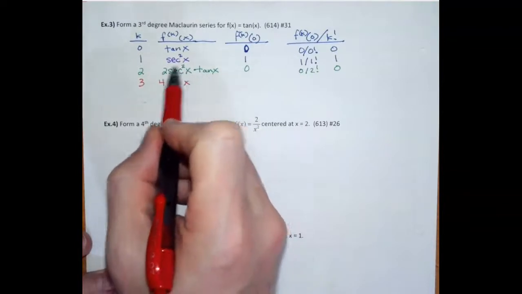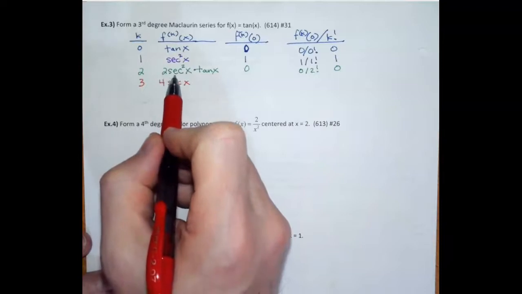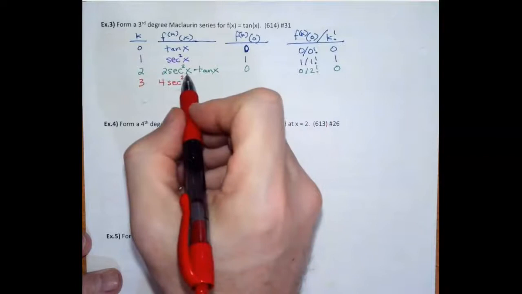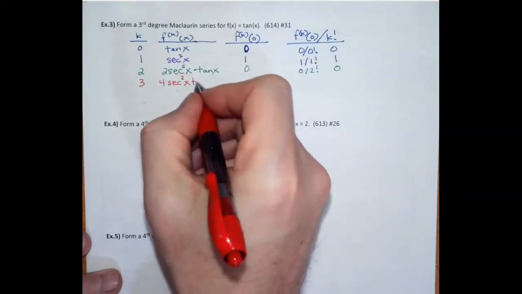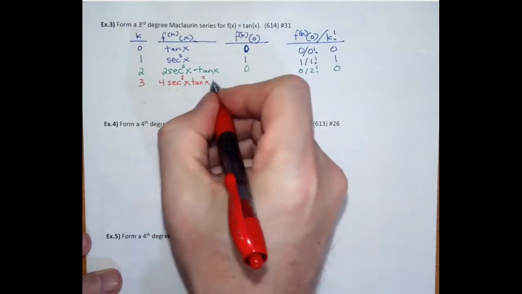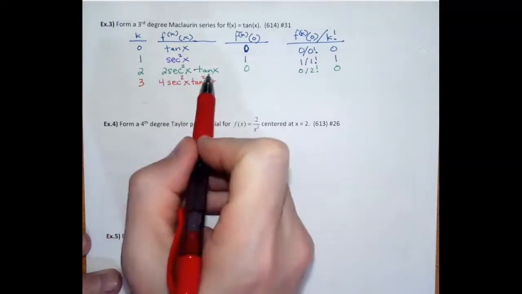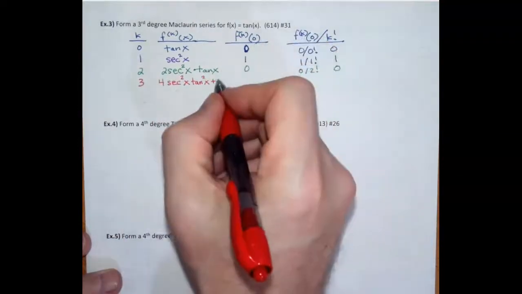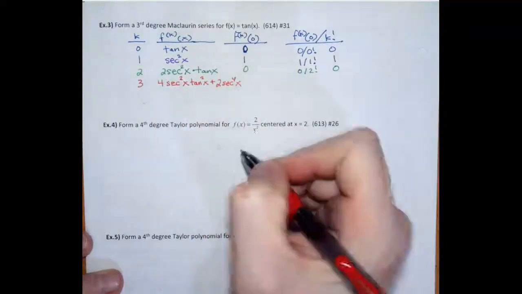So it's the derivative of the first thing times the second thing. So the derivative of this is going to be 4 secant x using the chain rule times secant tangent. So that's going to give us secant squared again. And then that's going to give us that extra tangent, but then we have to multiply it by this also. So that's going to be tangent squared. Plus this times the derivative of that. So the derivative of tangent is secant squared. So we're going to have 2 secant squared times secant squared. So that's going to be secant to the 4th.